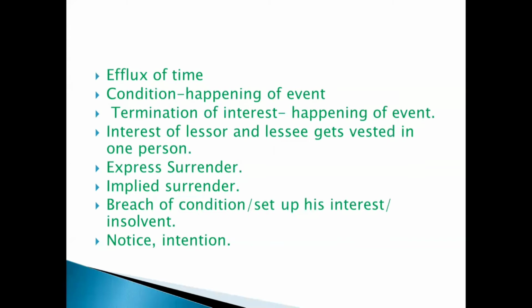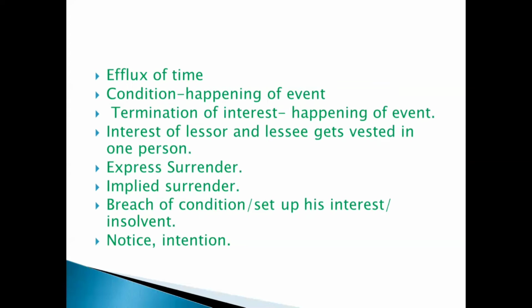If a person is given a lease for a particular period or upon the happening of a particular event, the lease will come to an end. For example, if a person is employed in some service and is given accommodation, on retirement, voluntary retirement, or removal from service, automatically on the happening of the event the lease will come to an end.